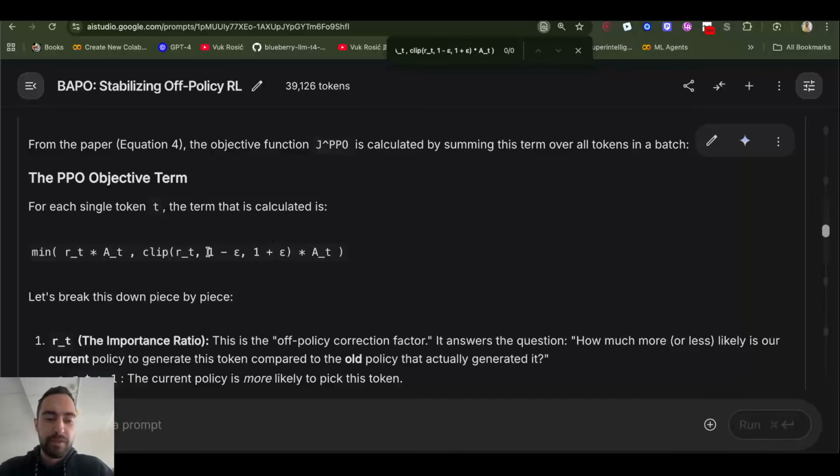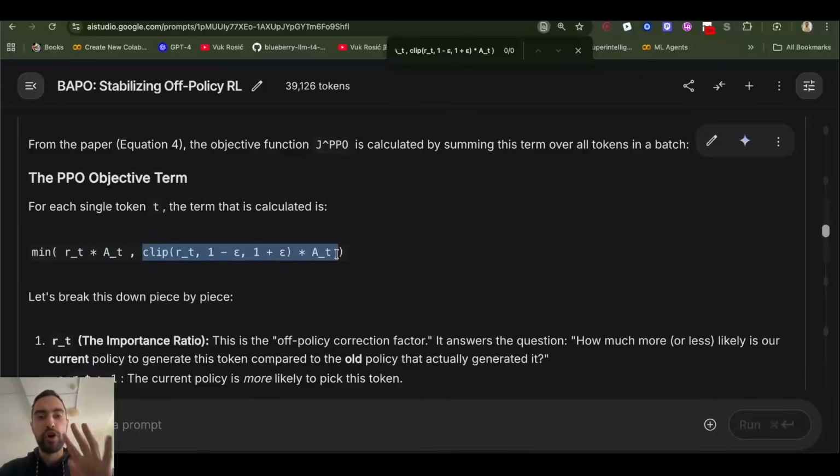So this range will be 1 minus 0.2 and this will be 1 plus 0.2. So you are clipping. If the importance ratio gets lower than 0.8, then you will make it 0.8. If it gets higher than 1.2, you'll make it 1.2. And we will explain why, but I just first want to explain that. And then we take the minimum between these.